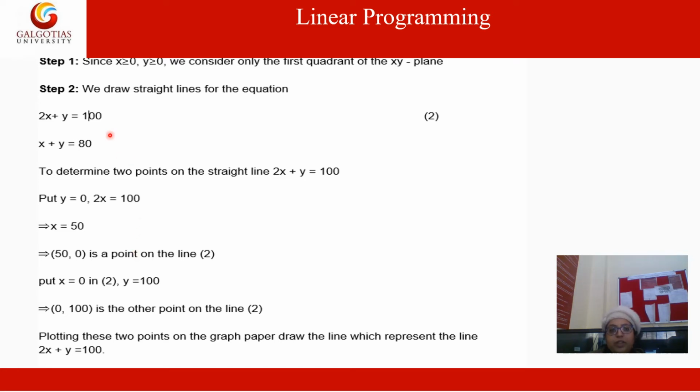In the same equation, let us put x equals to 0, where we get the value of y equals to 100. So, these are the points which we get, and now we will be plotting these points on the graph and draw the line which represents this complete line.